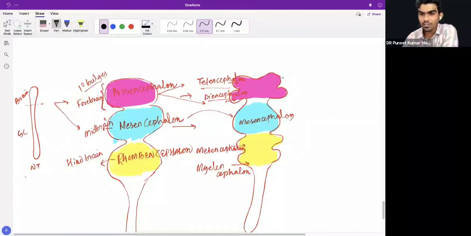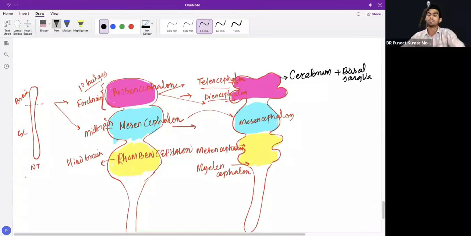Okay. Now, the telencephalon, the upper part, develops into the cerebrum and the basal ganglia.